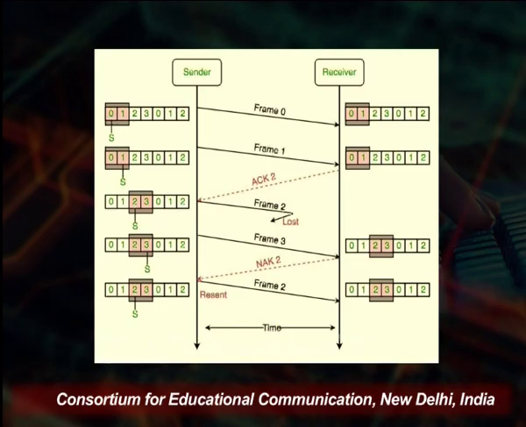Then frame 2 is sent but is lost. Frame 3 is sent, but it is not the expected frame, so it will be discarded, and the sender will again be asked for frame 2 and frame 3. This is what happens in go back N.